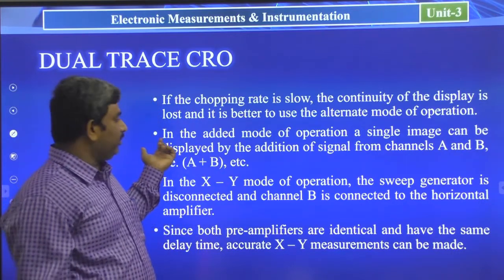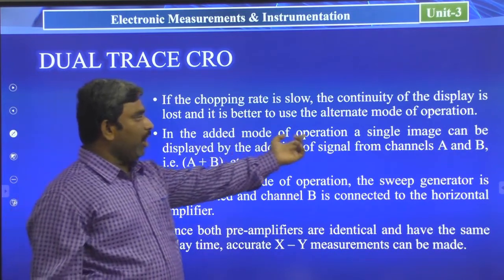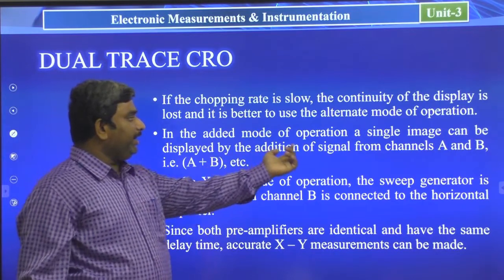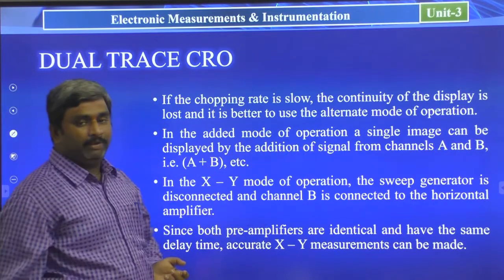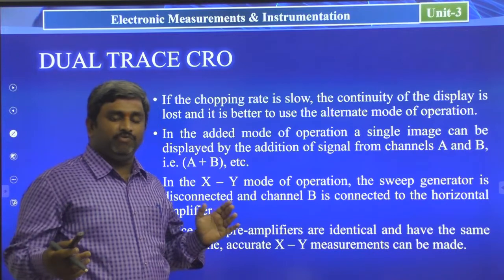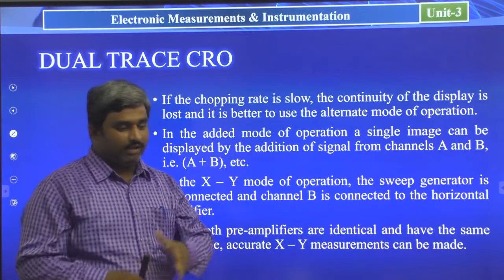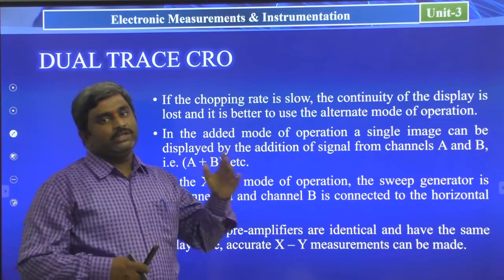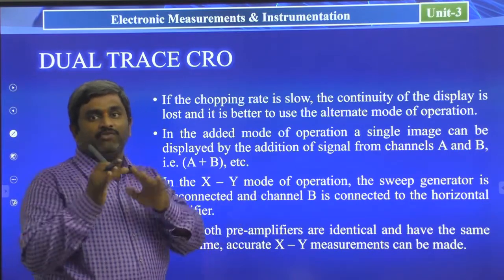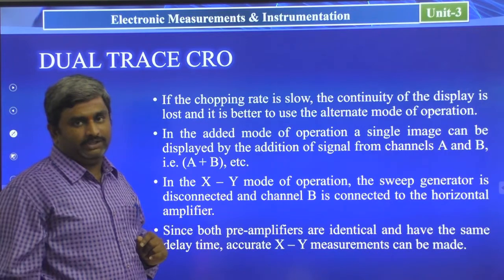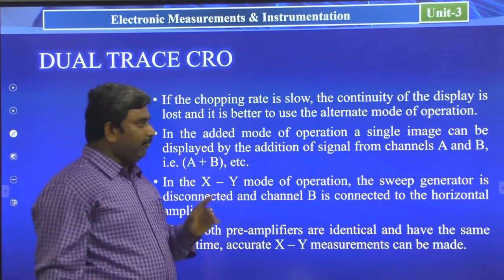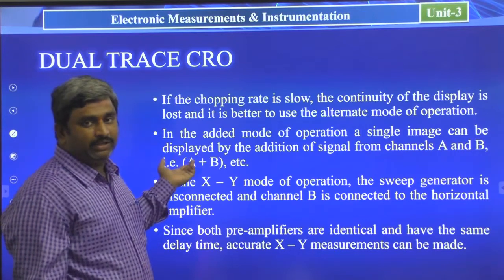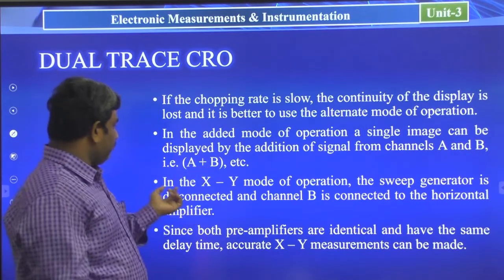In the added mode, a single image is displayed by the addition of signals from channel A and channel B. If channel A consists of 3 volts and channel B consists of 2 volts, 3 volts plus 2 volts is 5 volts. It will finally show 5 volts of information. That is the add mode, a special mode. Both signals can be added together and it will display A plus B information.